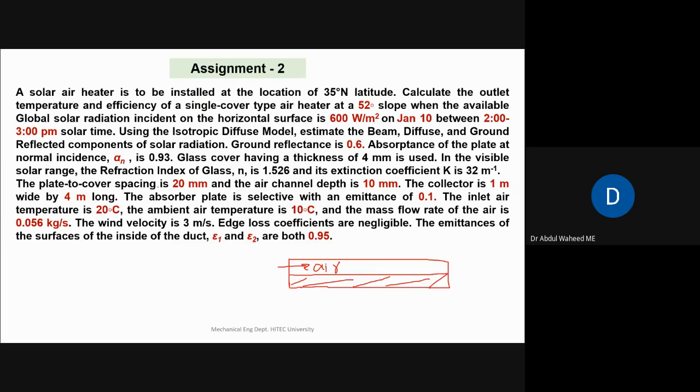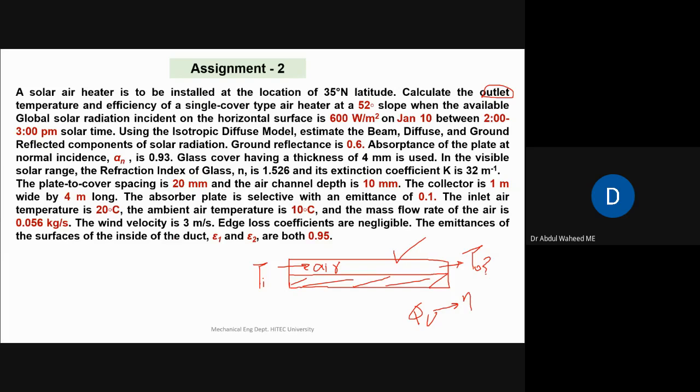So इससे related ये data यहाँ पे. So with the help of this, you will solve this whole problem to find out, क्या करना है इसमें, calculate the outlet temperature, Ti is given, To is to be calculated, and of course efficiency भी calculate करनी है, means you have to calculate Qu, with the help of which we can find out the efficiency of this solar collector.